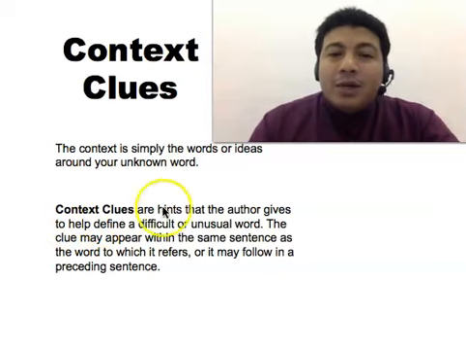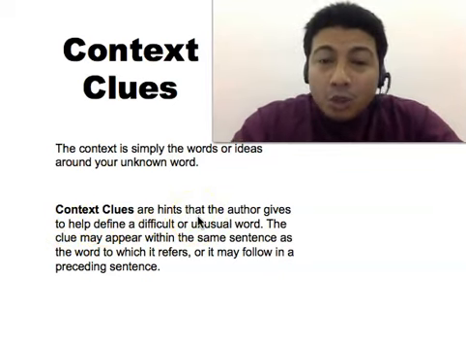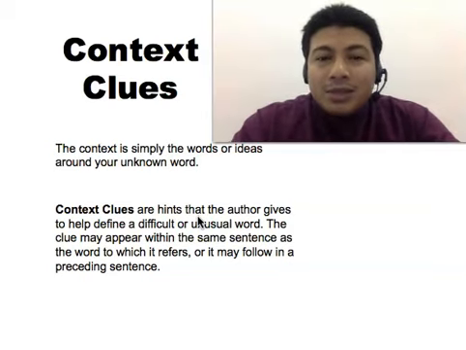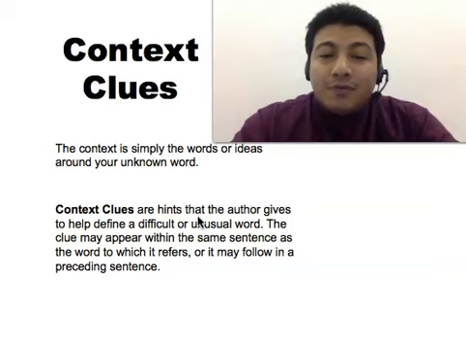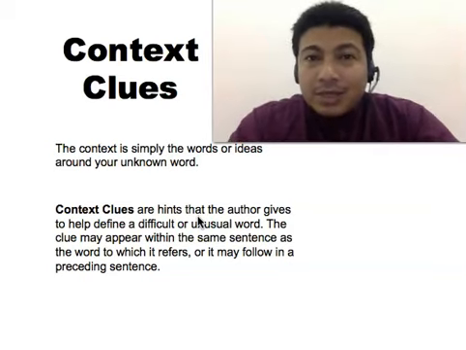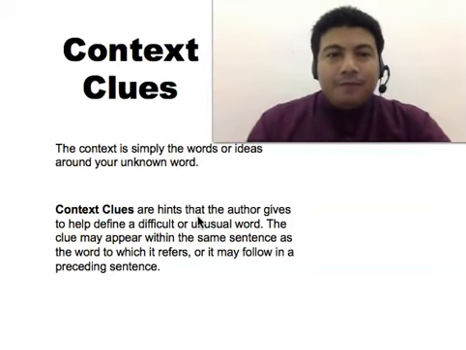Context clues are hints that the author gives to help define a difficult word or unusual word. The clue may appear within the same sentence as the word to which it refers, or it may follow in a preceding sentence, or could also be in the sentence after, or the whole paragraph itself, or the whole page itself.